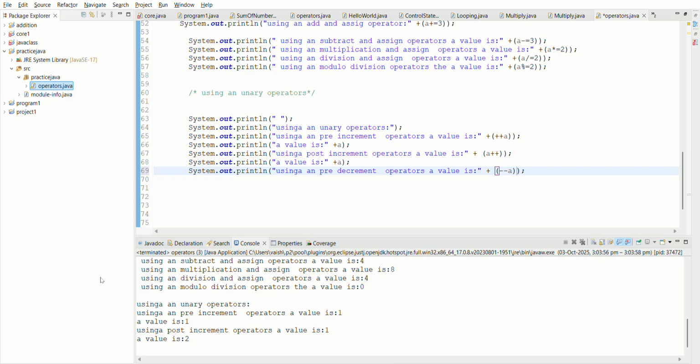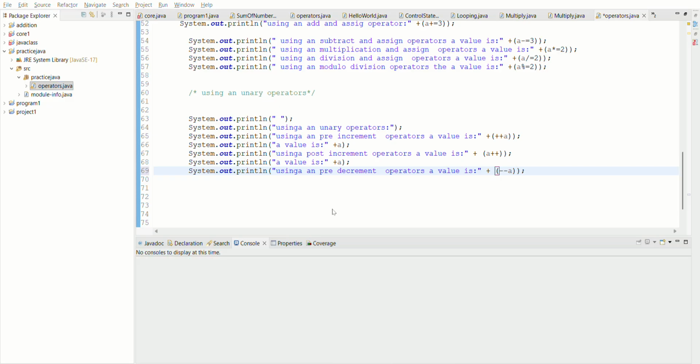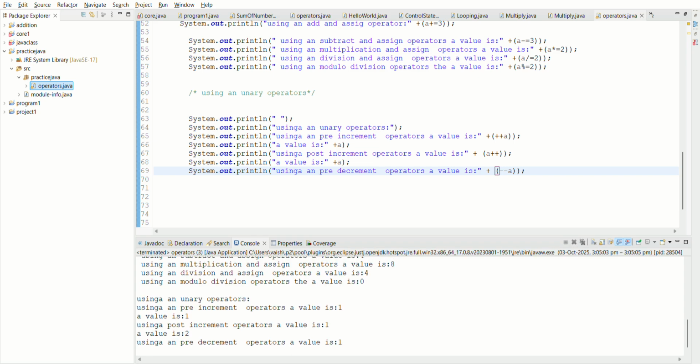Right. So using a pre-decrement operator, a value is 1. That means 2 minus 1. So this is a pre-decrement. Suppose we use a post-decrement.